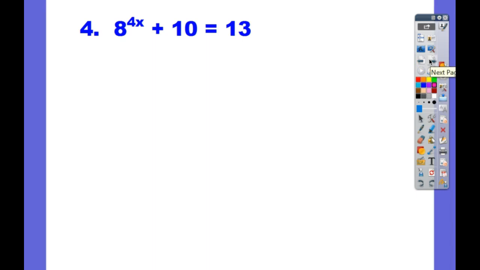So on this one, the exponent has to be by itself. So what do you think I have to do to start with? Subtract the 10. Is that hard? No. And then I'm going to take the log on both sides.